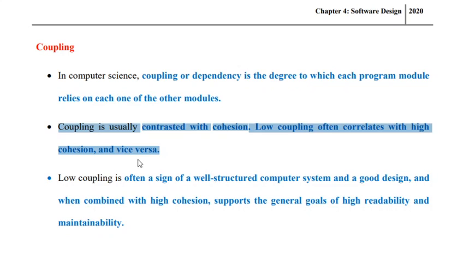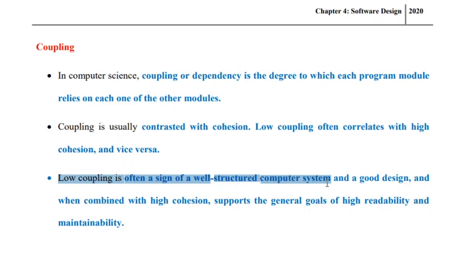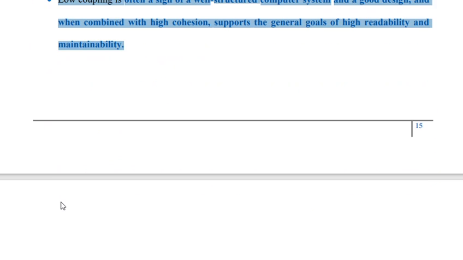Low coupling is often a sign of a well-structured computer program and good design, and when combined with high cohesion, it enables high readability, maintainability and reusability. Whenever you formulate a design for your software system, it should exhibit very low coupling and very high cohesion.